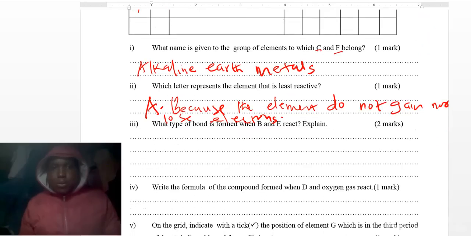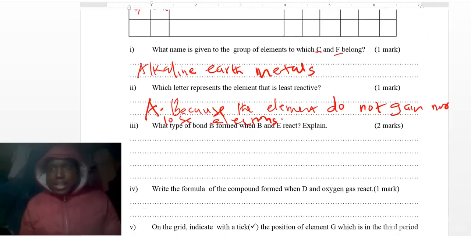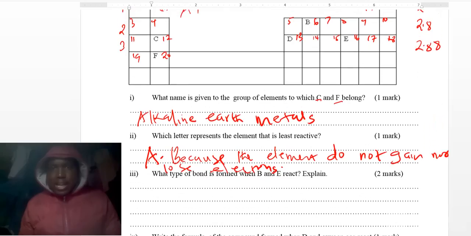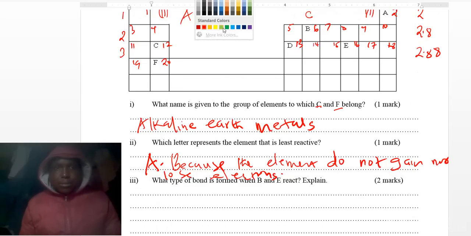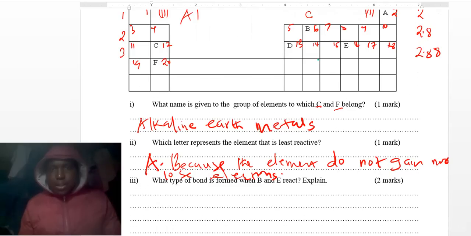What type of bond is formed between B and E? So you go back and look at B and E. B is here, B is carbon, and E is number 16, that is sulfur.